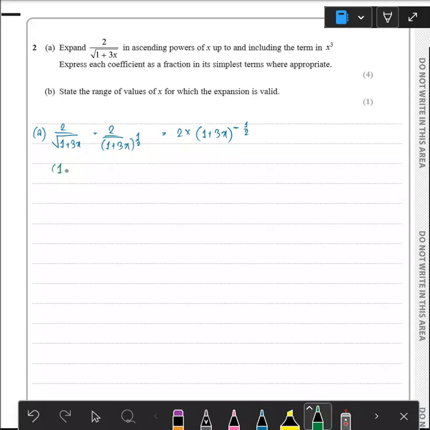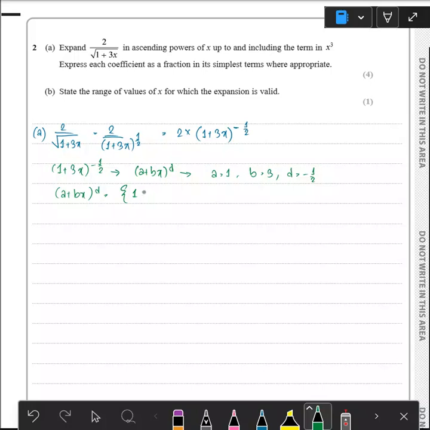So here 1 plus 3x to the power negative half is actually in the form of a plus bx to the power d, where a is equal to 1, b is equal to 3, and d is equal to negative half. When something is in the form of a plus bx to the power d, it can be expanded. The expansion would look something like this.